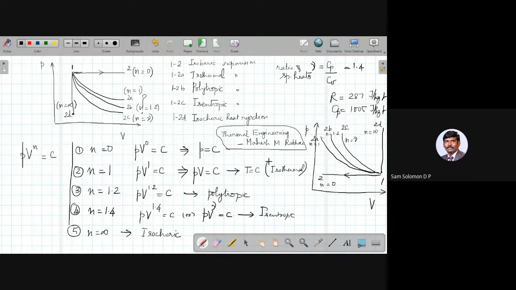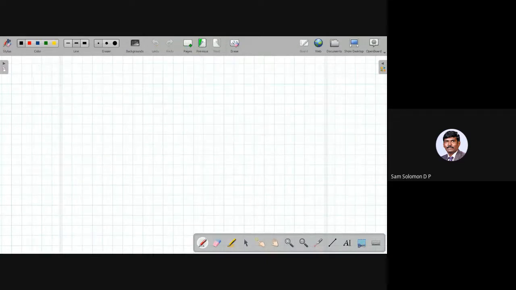Okay. So let me show you the proof for this n equal to infinity. In the general equation, PV^n equal to constant, when n is equal to infinity, I told you this is an isobaric process. I have already shown this in class before, and I'll show you again.